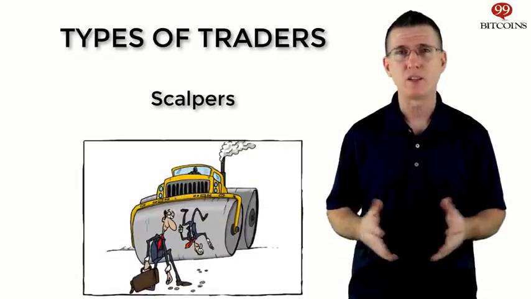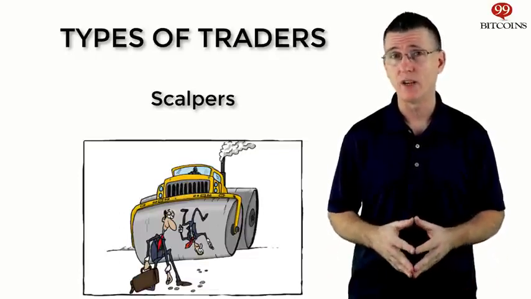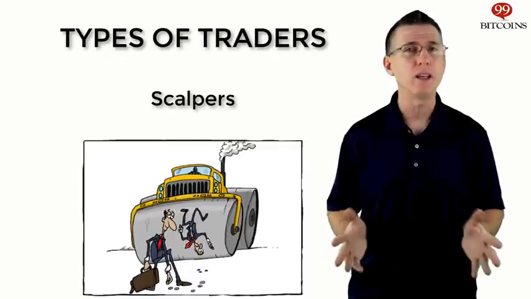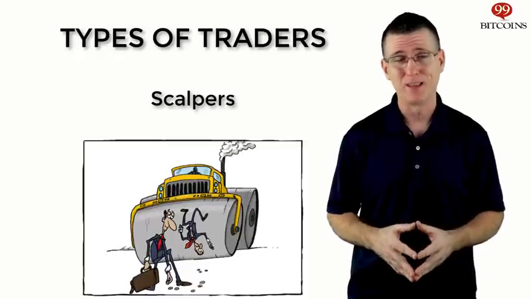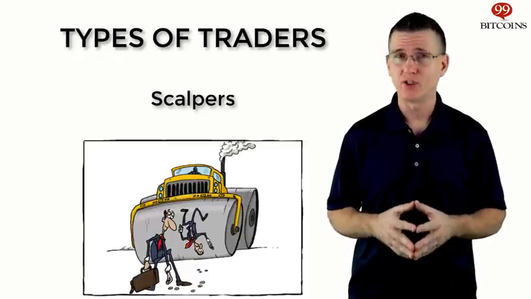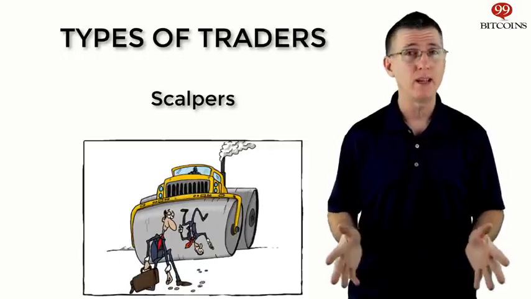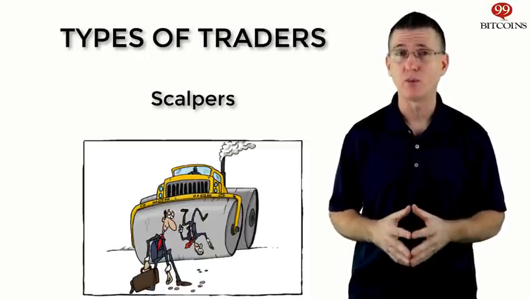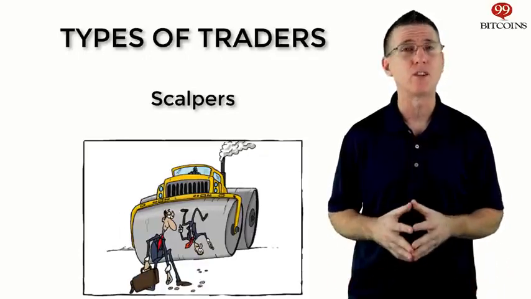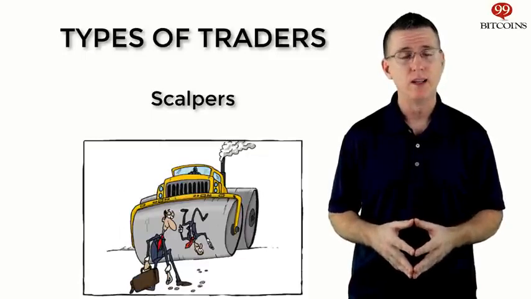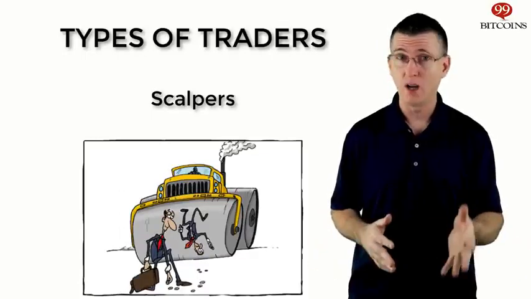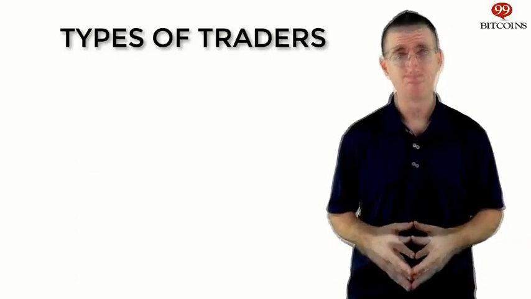Scalping attempts to make substantial profits on small price changes, and it's often referred to as picking up pennies in front of a steamroller. Scalping focuses on extremely short-term trading, and it's based on the idea that making small profits repeatedly limits risks and creates advantages for traders. Scalpers can make dozens or even hundreds of trades in one day.